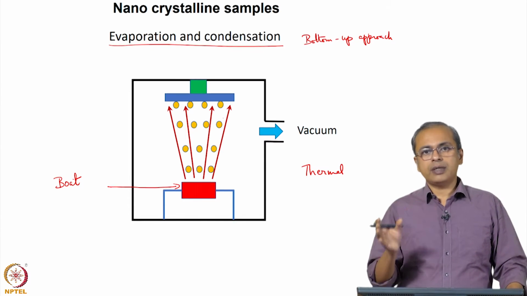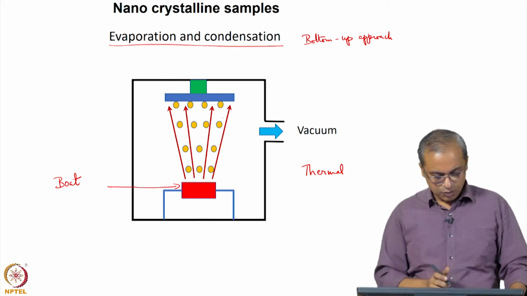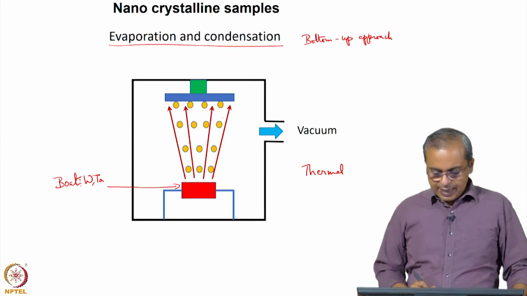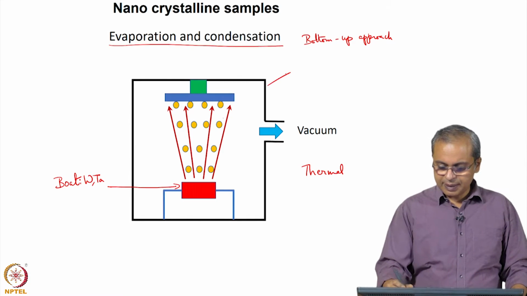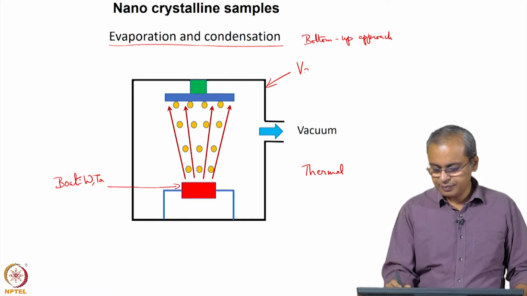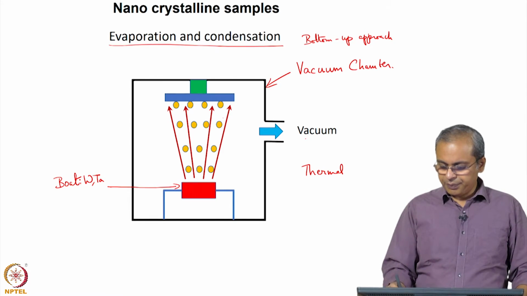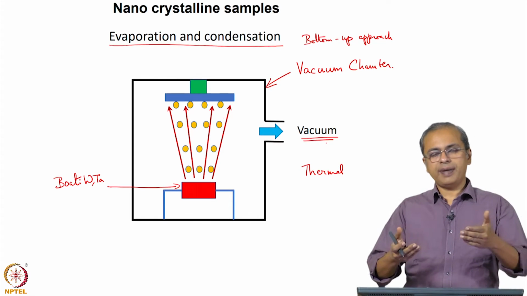It could be tungsten or tantalum, for example, and it is kept in a chamber. This is a vacuum chamber. And then you draw vacuum, so you evacuate the chamber.